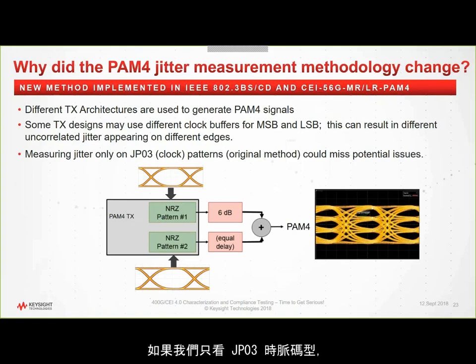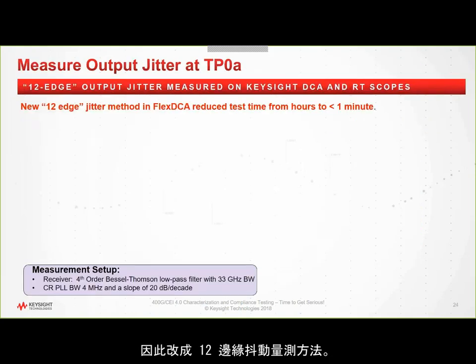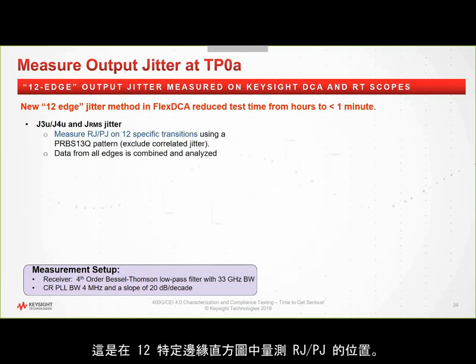If you're only looking at the clock pattern, the JP03 pattern, which was the original method, then standards recognize that, hey, we could miss some potential issues here. We need to change our approach, hence the 12-edge jitter measurement. So this is where we measure RJ, PJ, and a histogram on 12 specific edges.